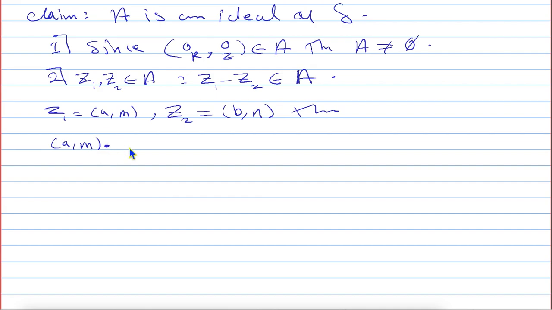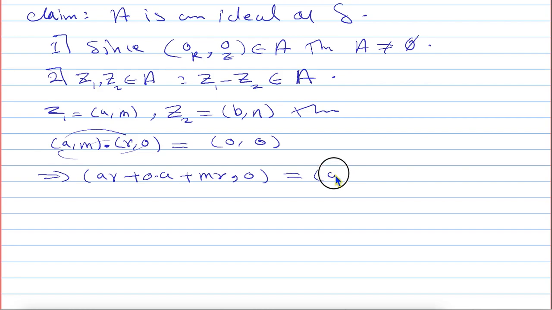So if we take the product with (r, 0), which is an element of the ideal R of S, this must be (0, 0), and this implies that (Ar plus 0 times A plus Mr, 0) equals (0, 0). Therefore Ar plus Mr must be 0.